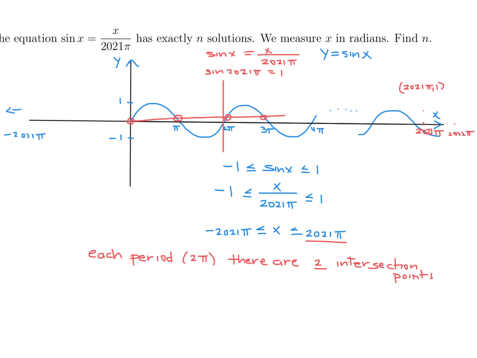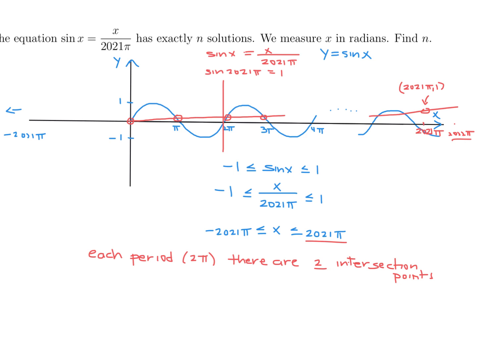After that, we don't need to worry because it will have crossed over, like that. After that point, that line will never cross the graph anymore, because we've maximized it at 1 right here. So till 2022 pi is what we need to worry about.